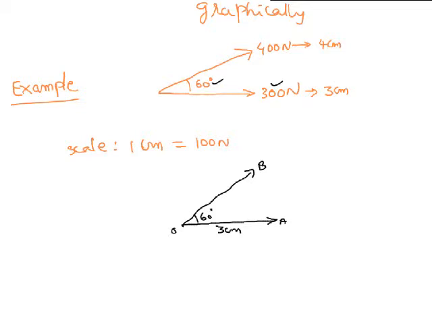This OB is chosen to have a length of 4 centimeters, and then according to parallelogram law we need to complete the parallelogram. That is, from B draw a line parallel to OA, and from A draw a line parallel to OB, so that they meet at the point C. Our resultant now is OC.